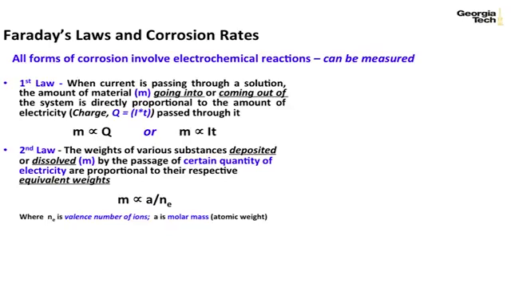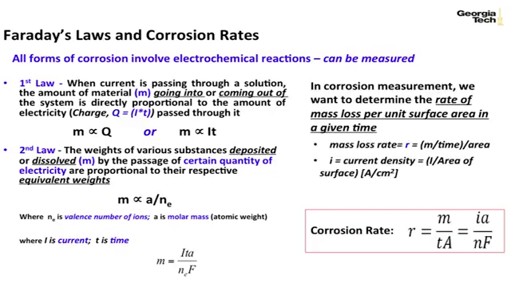So the overall corrosion rate, or the mass lost, can be related to current, the time during which that current is flowing, and the equivalent weight of the material. F, which is Faraday's constant, is basically the charge of 1 mole of electrons. Now, in terms of corrosion measurements, we want to measure the rate of mass lost per unit surface area in a given time.